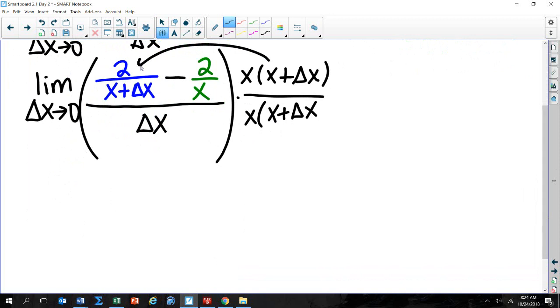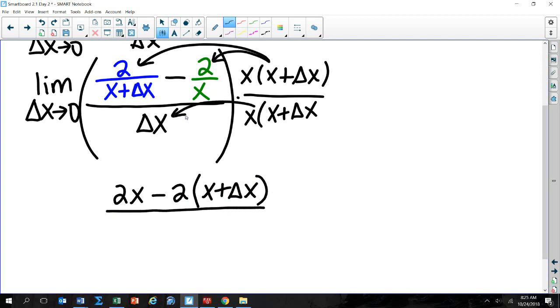When I multiply the first term by my least common multiple, what would cancel? The x plus delta x's would cancel, right? And it would just leave me with 2x. When I multiply the second term by the least common multiple, what would cancel? The x's would cancel. Does everyone see that? So I would have minus 2 times x plus delta x, all over.